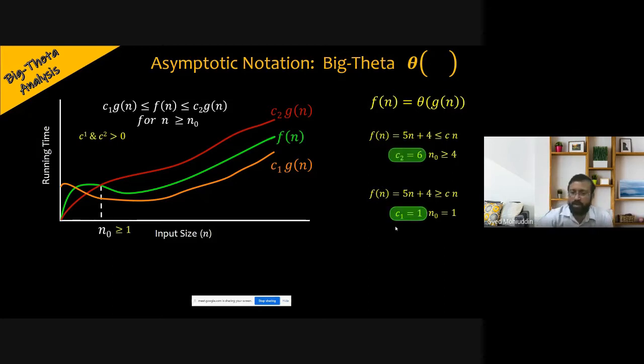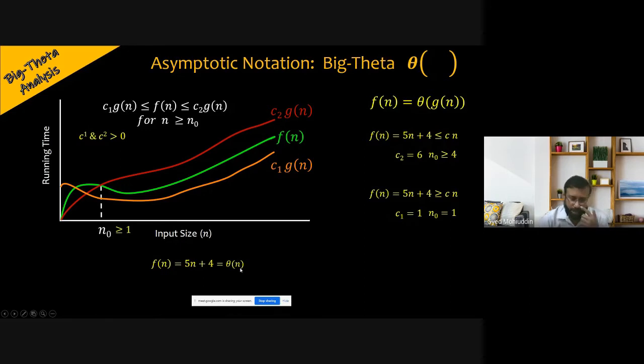So here we have c1 and c2 instead of c, with c1 as 1 and c2 as 6. If we substitute this in the equation, we can say that f of n is 5n plus 4, which is asymptotically equal to theta of g of n, where g of n is n itself.